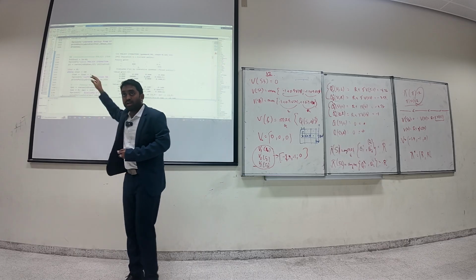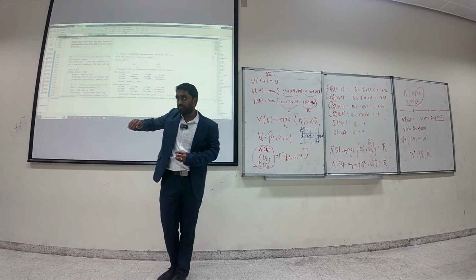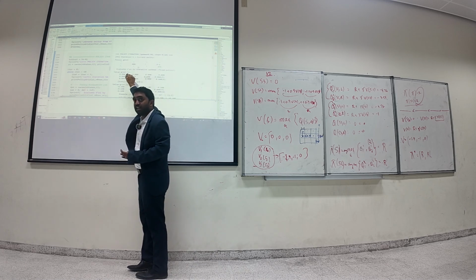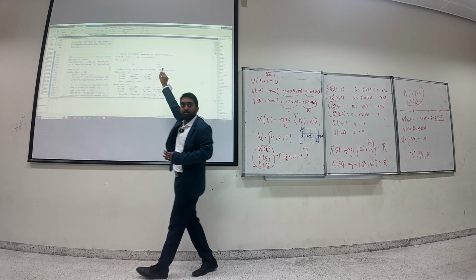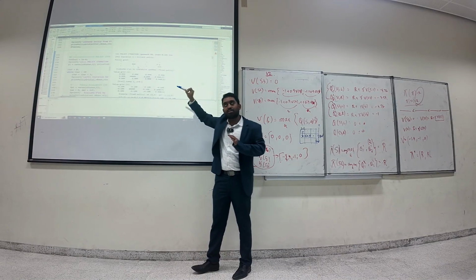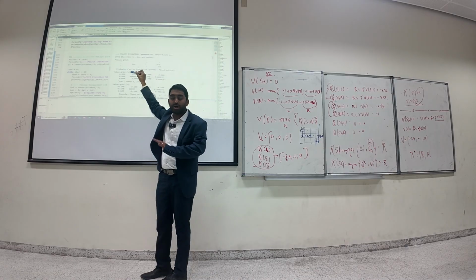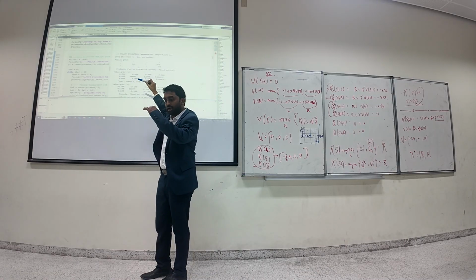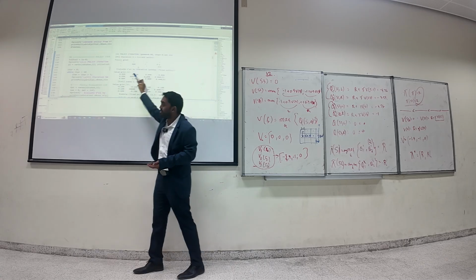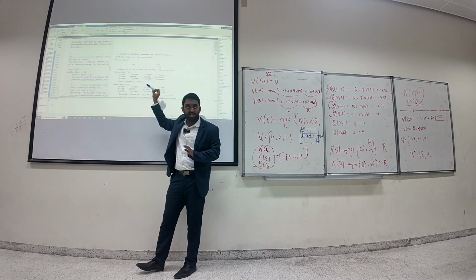Because you are defining a policy which says always go up. Then you evaluate your value function for that policy. Because it's a complicated one, you could do it by analytical method, but you still don't want to, so you try the numerical method. For that you need to have some initial values, which in this case is 0.